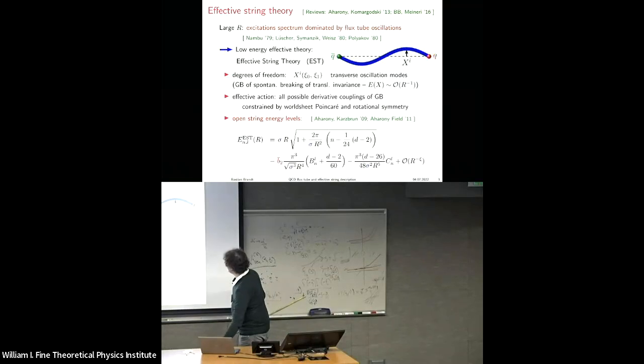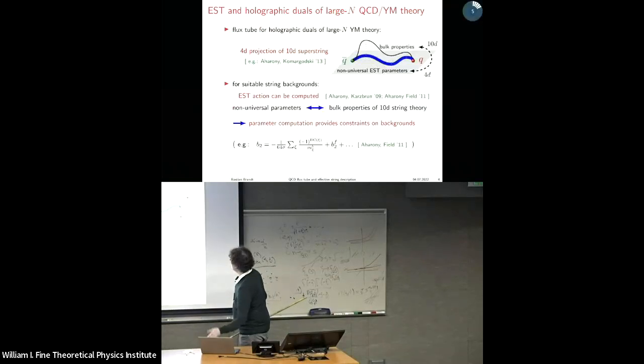Okay, so why am I interested in that? Well, apart from all the phenomenological aspects of this, I also became interested because I thought it is a good opportunity to make contact to holographic duals for large N Yang-Mills theories. And in this picture, the confining string or the flux tube is nothing else than a 4D projection of the associated 10D superstring.